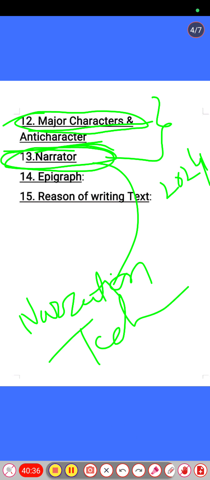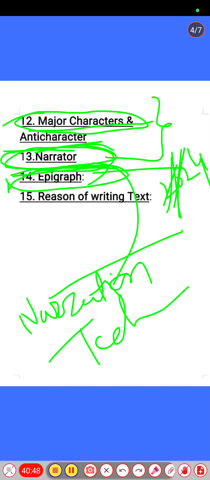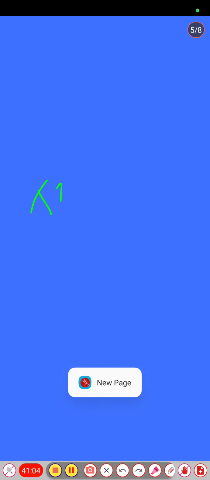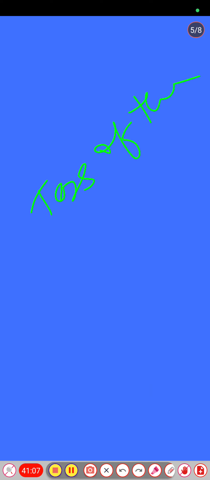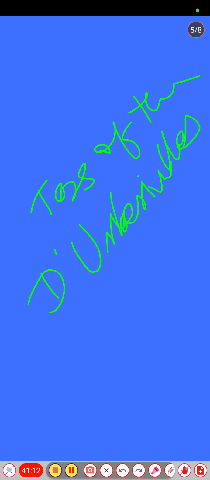After this, the epigraph is also important, because this type of questions were also there, just like the epigraph of Kubla Khan was also asked. The epigraph of Tess of the D'Urbervilles was also asked. It was recently asked in the December 2024 exam, that Tess of the D'Urbervilles, it is from which work?